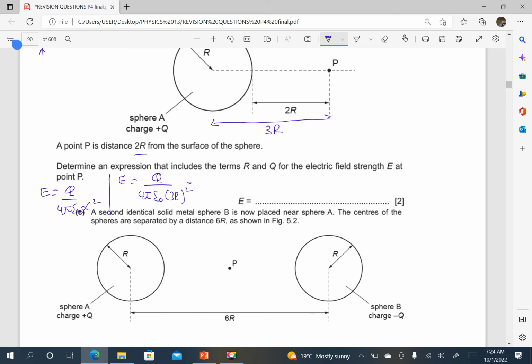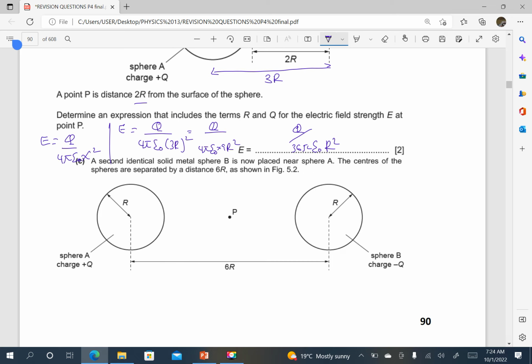So this is going to be Q over 4 pi epsilon naught times 9r squared when you open that bracket. So the answer we need here is going to be Q divided by 36 pi epsilon naught r squared. So that will be the expression required.